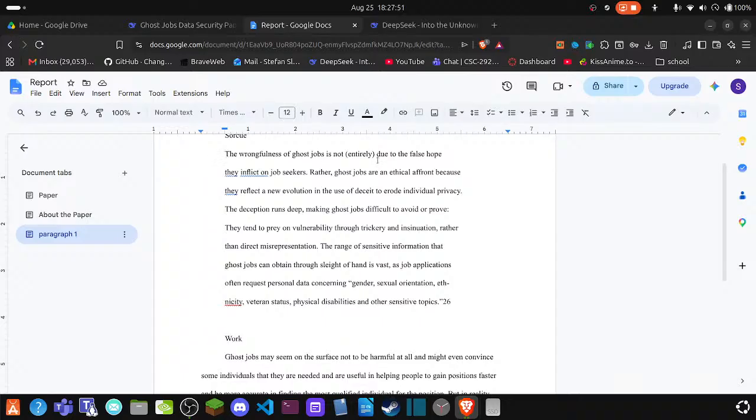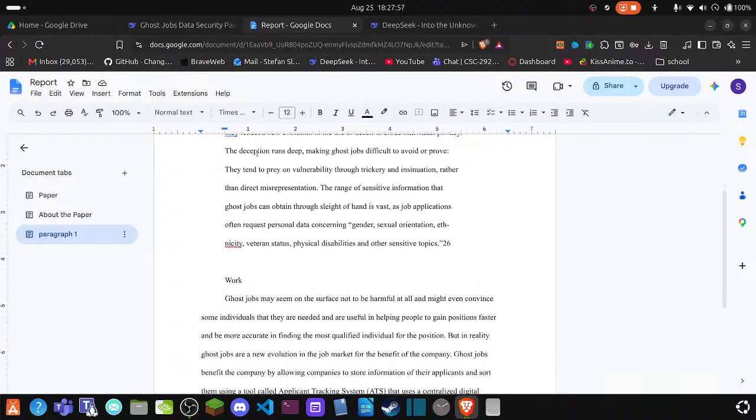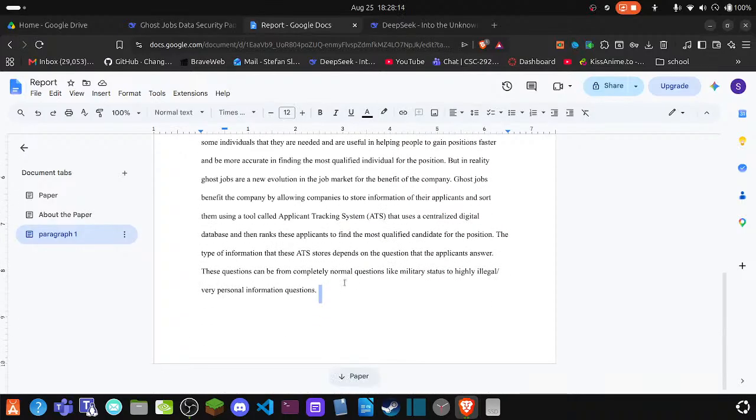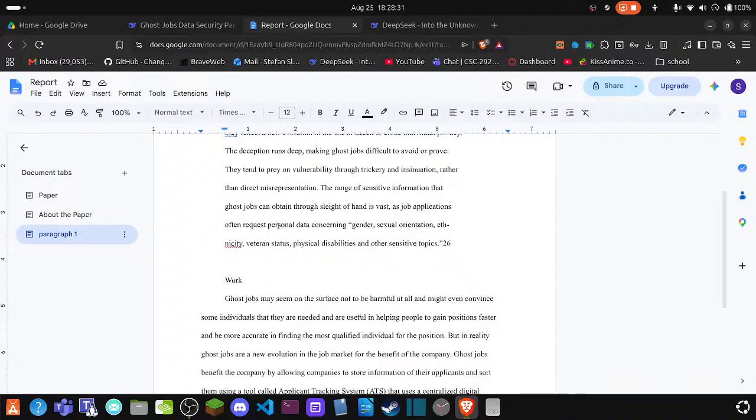So rather than ghost jobs being affordable, deep down they make ghost jobs difficult to avoid, since they tend to prey on the vulnerable through trickery. The range of sensitive information. Okay, so what else? Do I think it's trickery or vulnerable?